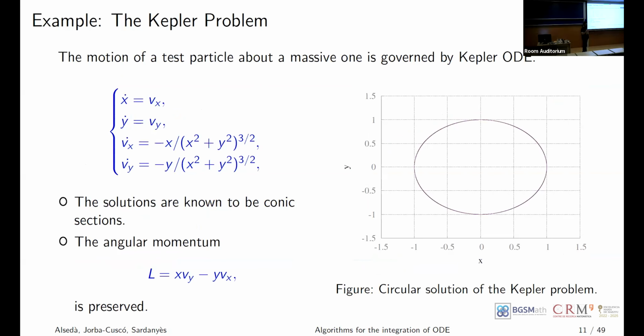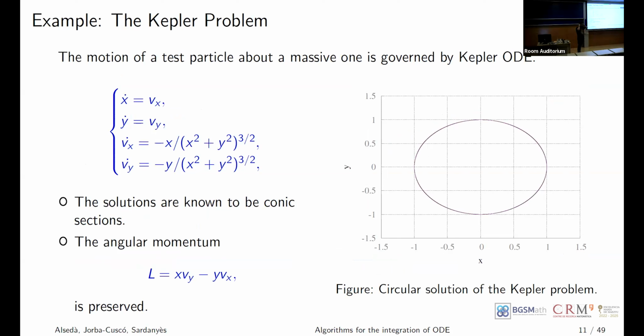I'm going to integrate a little more complicated problem, which is the Kepler problem, which is maybe the first model you do when doing something close to celestial mechanics. That's the basic model for celestial mechanics. And this is an ODE which is 4-dimensional and autonomous.